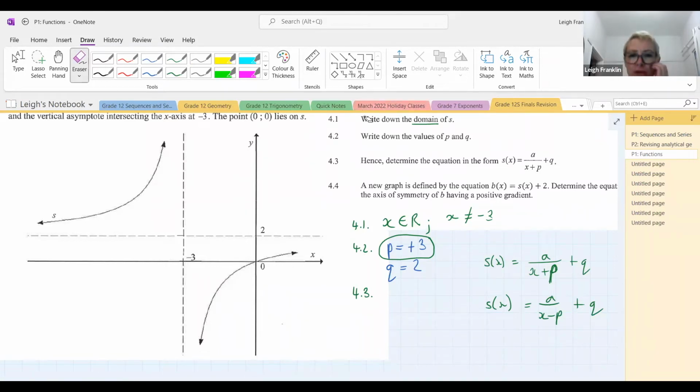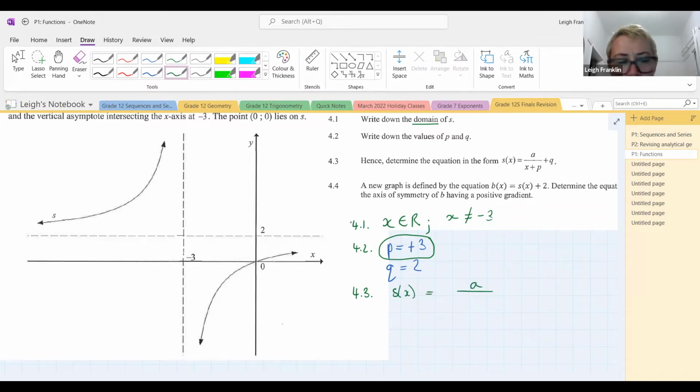All right, 4.3. So hence determine the equation in the form S of X equals A over X plus P plus Q. All right, so now let's just get rid of all of this. We can go ahead and sub in. So subbing in gives us S of X equals A over X plus 3 plus 2.